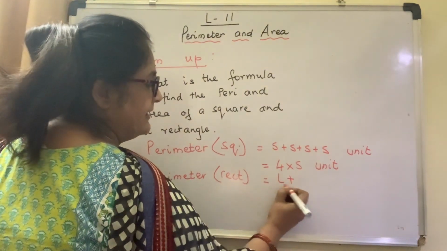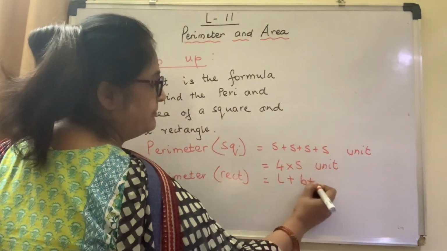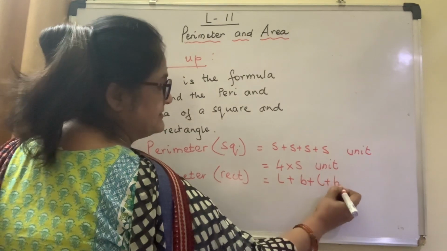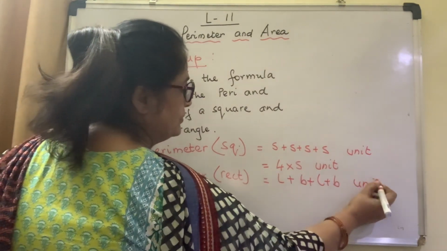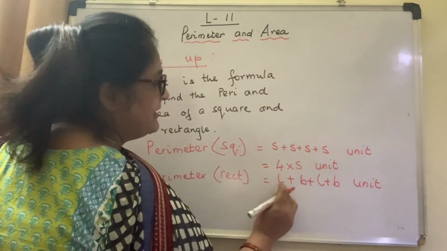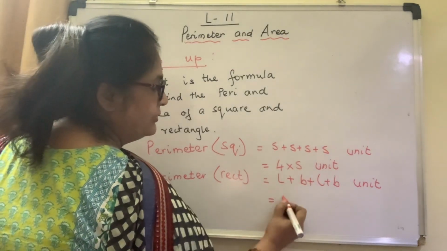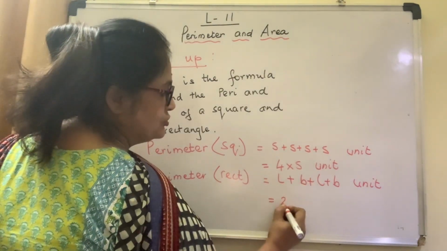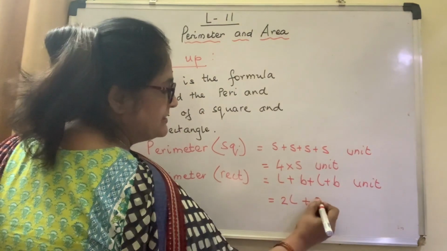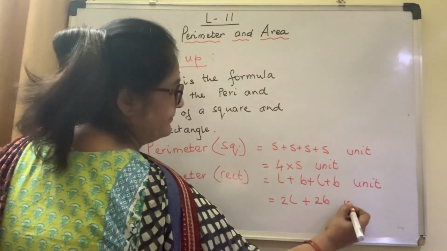You are adding length plus breadth plus length plus breadth unit. Now, how many lengths are added? 1 plus 1. So, 2 length plus 2 breadth.